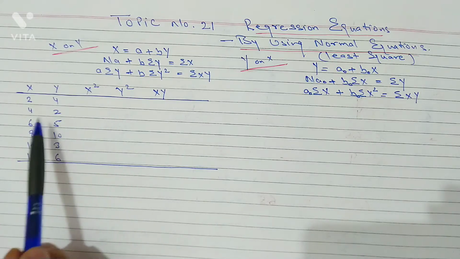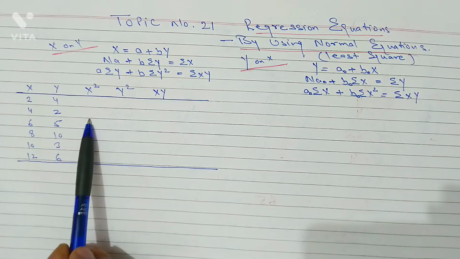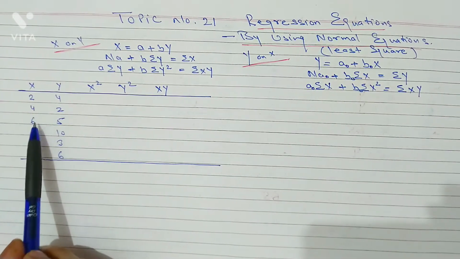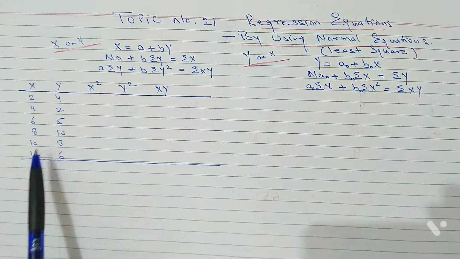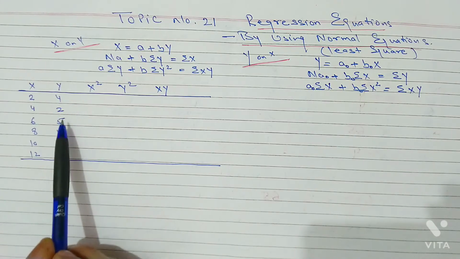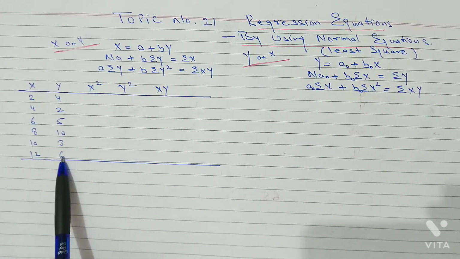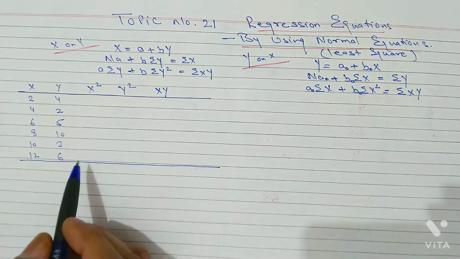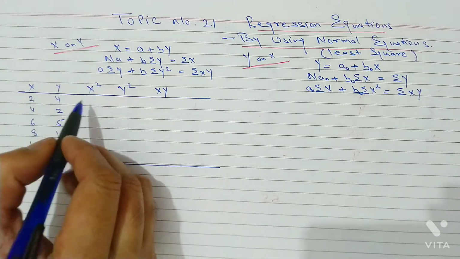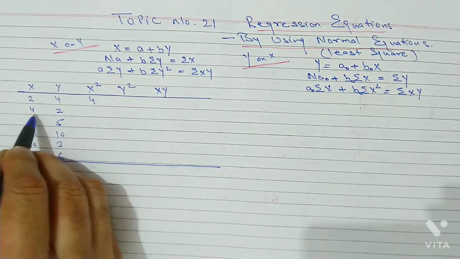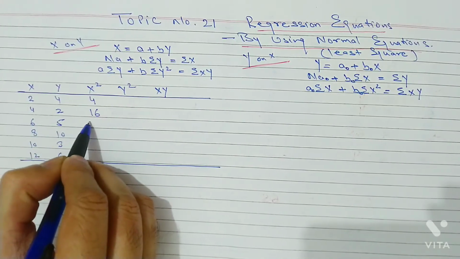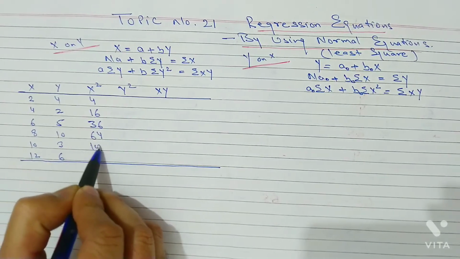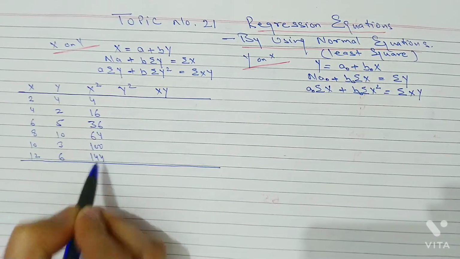Now find regression equations from the following data. The question is given as x equals 2, 4, 6, 8, 10, 12 and y equals 4, 2, 5, 10, 3, 6. First find x square: 4, 16, 36, 64, 100, 144.